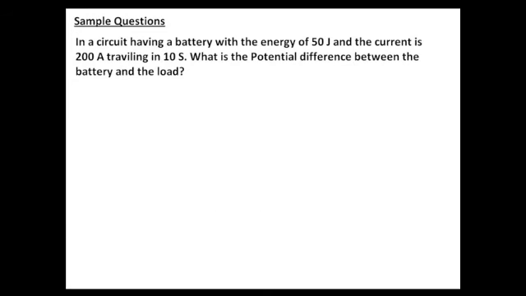Okay, so now that you solved a simple problem for voltage, you can use the same strategy to solve a problem on current using the current formula. But what if you had a problem involving both formulas? So let's try this one. In a circuit having a battery with an energy of 50 joules and a current of 200 ampere traveling at 10 seconds, what is the potential difference between the battery and the load?